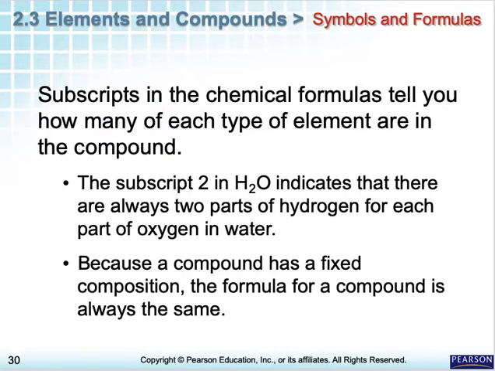The subscripts in the formulas tell you how many of each atom type there are, and the subscript comes after the letter. So the 2 indicates we have 2 hydrogens. If there is no subscript, then it's one, and so there are 2 hydrogens to 1 oxygen. And if it's that compound, then it's always in that combination. You'll understand later what order you put them in and why.